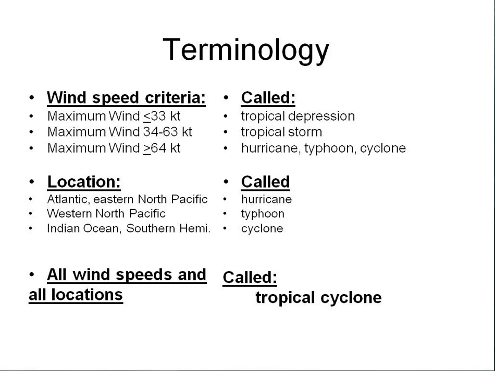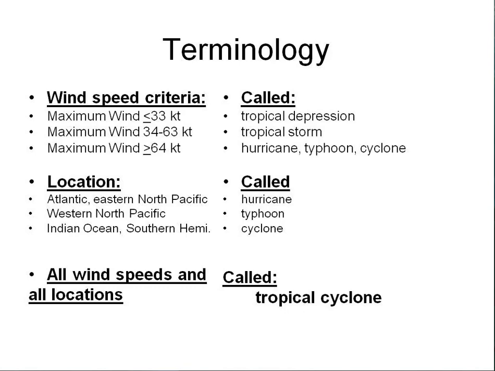Another classification you've probably heard of is the Saffir-Simpson category. With this classification, there are 5 categories based on wind speed for intensities greater than hurricane intensity. For example, a Category 3 hurricane is for wind speeds of 96 to 113 knots. What's shown on this slide is generalized and applicable to most locations.